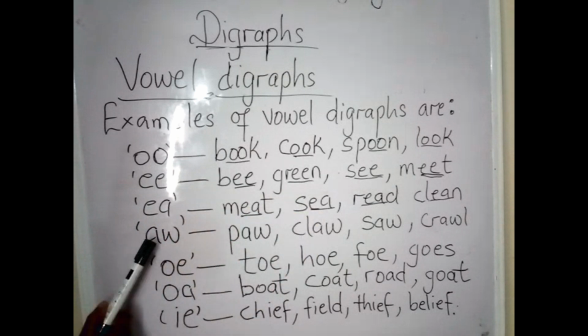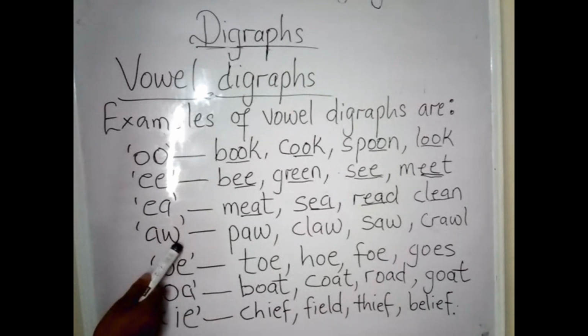Now the next one is the letters A and W. Well, this is not actually a vowel sound, but because the sound is almost silent, it's considered as part of the vowel digraphs. Okay, so we just consider it here.